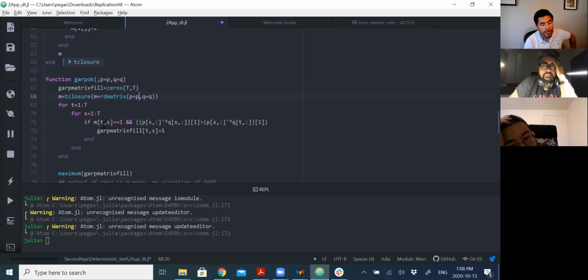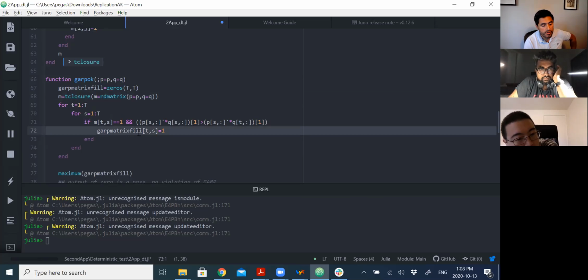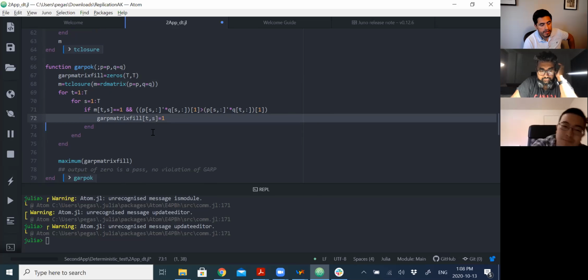So at the same time, you have that XT is better than XS, and at the same time, you have that XS is strictly better than XT. So that's, of course, a cycle. And then I fill this matrix with a violation. So the observations T and S have a violation of basically GARP. Do you understand this part?